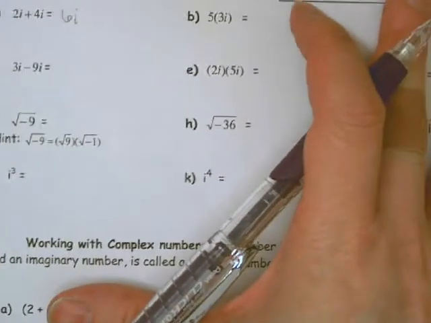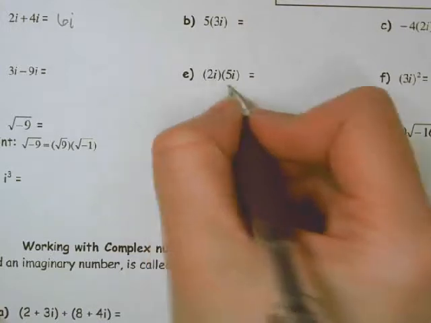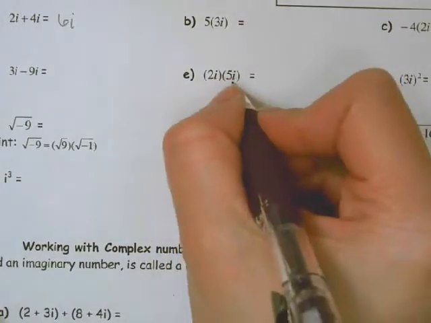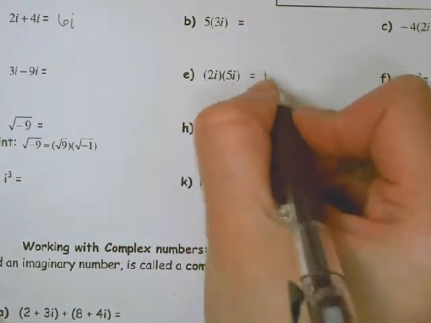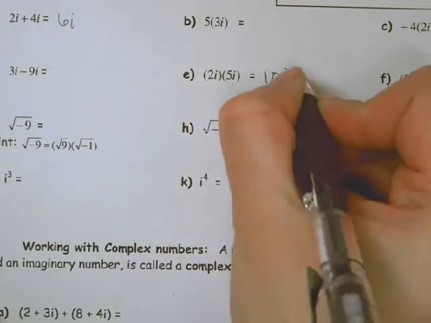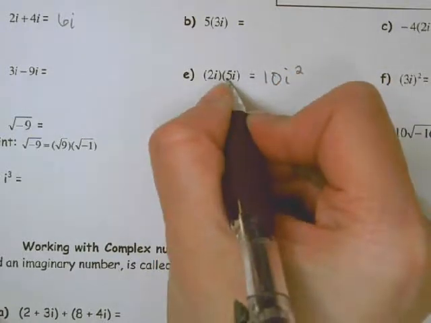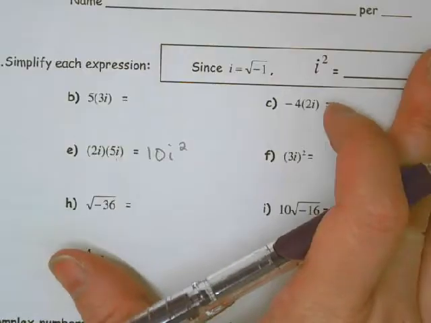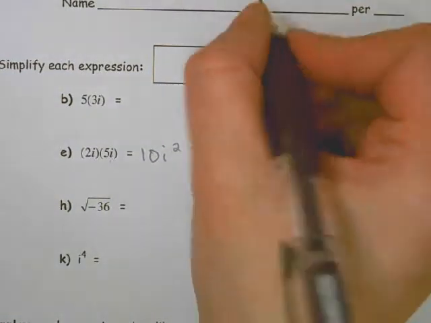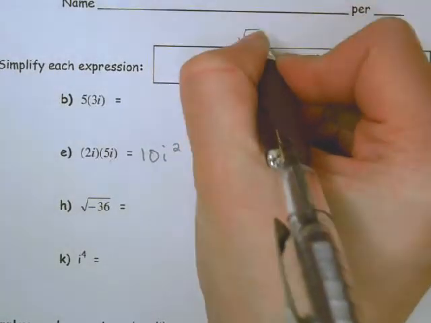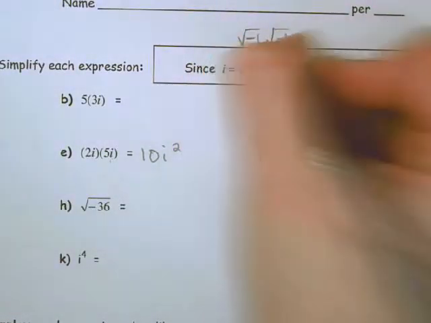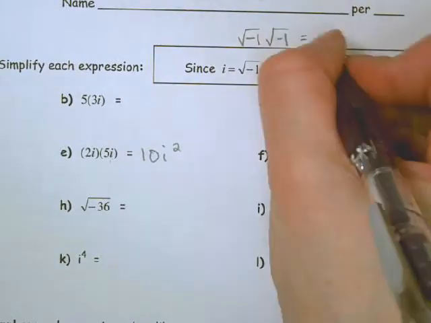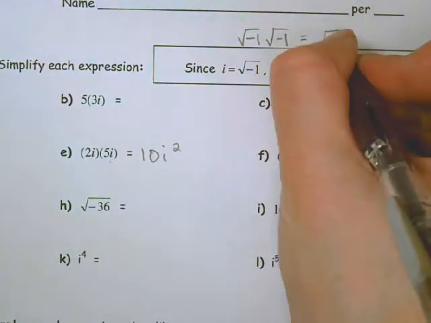However, when I get to e, I've got 2i times 5i. So that's going to give me 10i squared because I have the 2 times 5 for the 10. i times i gives me i squared. So if i equals the square root of negative 1, if I have the square root of negative 1 times the square root of negative 1, that equals the square root of negative 1 squared.